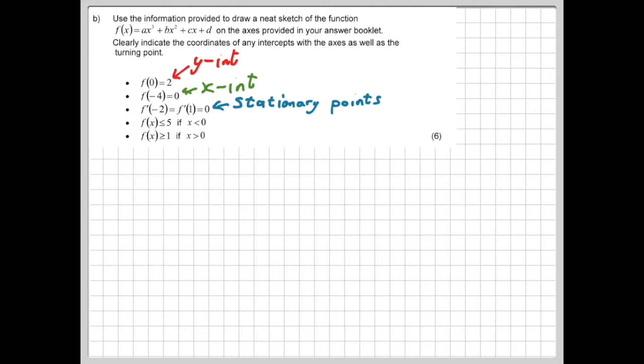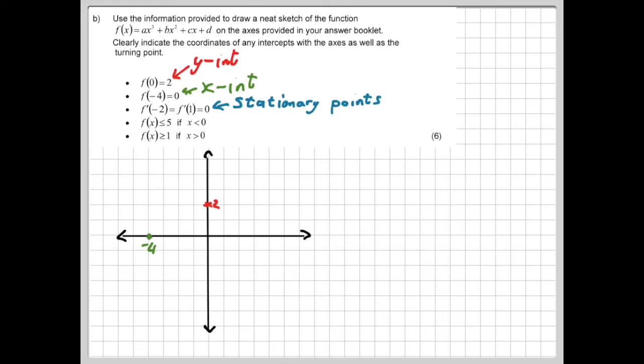So first of all, I'm going to draw my set of axes and put in the y-intercept and the x-intercept because they are simple. And here's a beautiful thing that you should never forget. If you just draw those 2 points, you would already have 2 marks out of the 6. As simple as that.